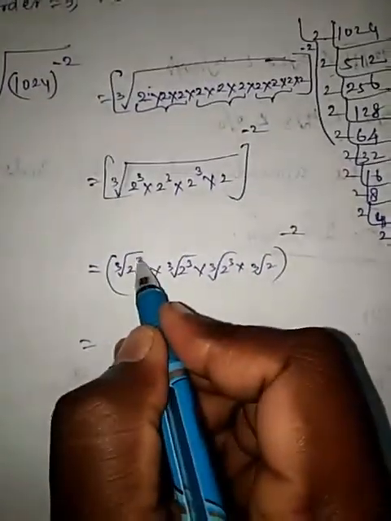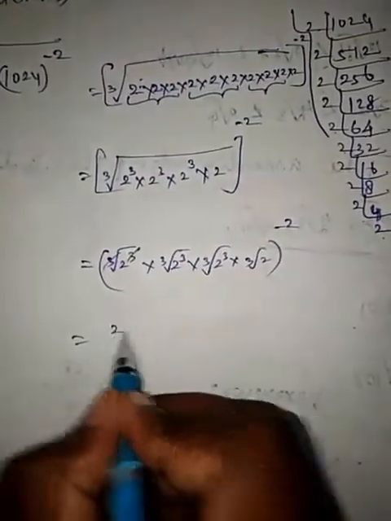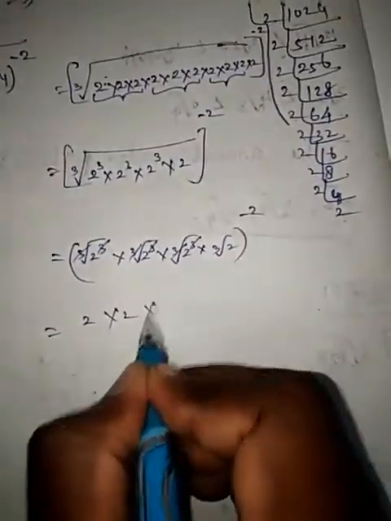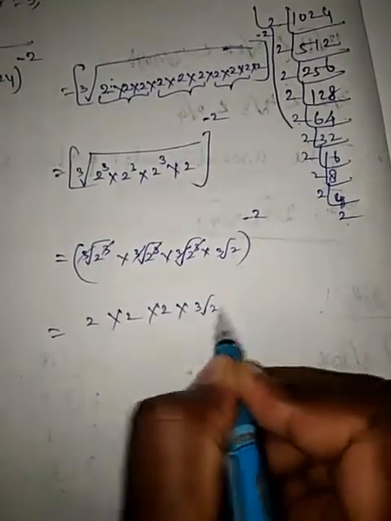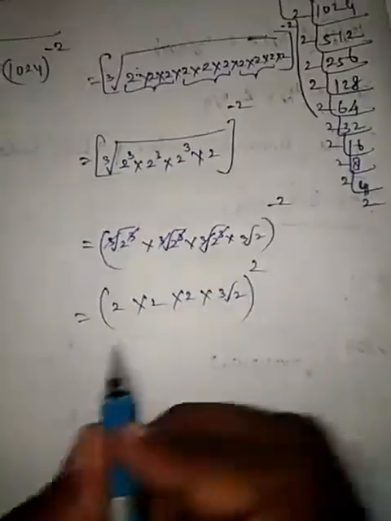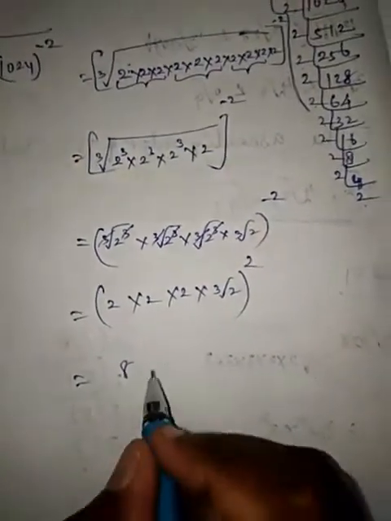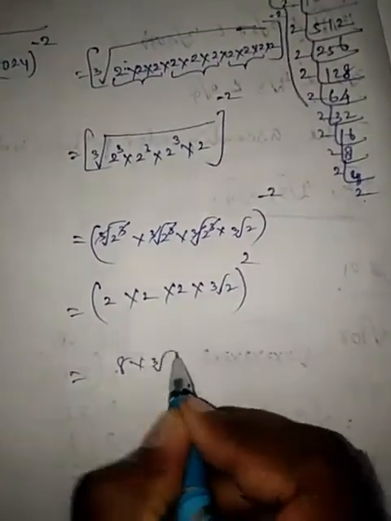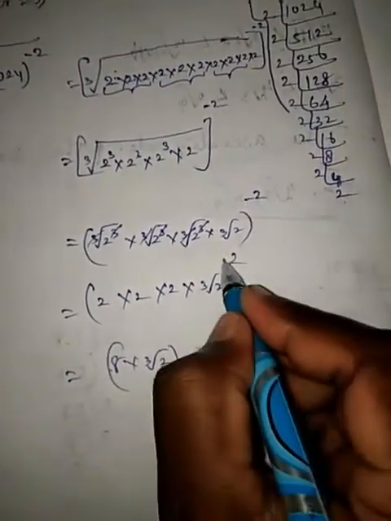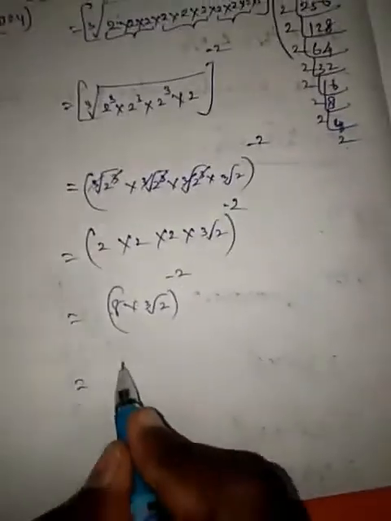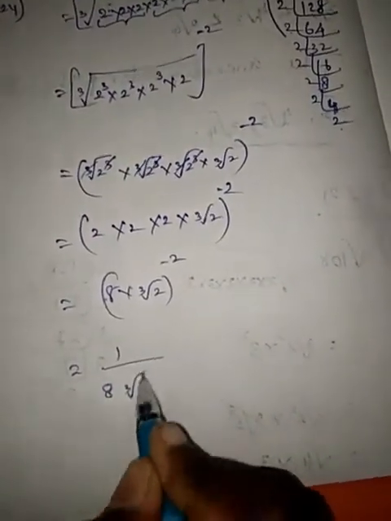The cube root and power 3 cancel, so we get 2. This also is the same, 2. So we get 2 into 2 into the cube root of 2, whole power minus 2. Multiplying, 2 2s are 4, 4 2s are 8, so 8 into the cube root of 2, whole power minus 2. Since the power is minus 2, we take the reciprocal: 1 by 8 into the cube root of 2, whole power 2.